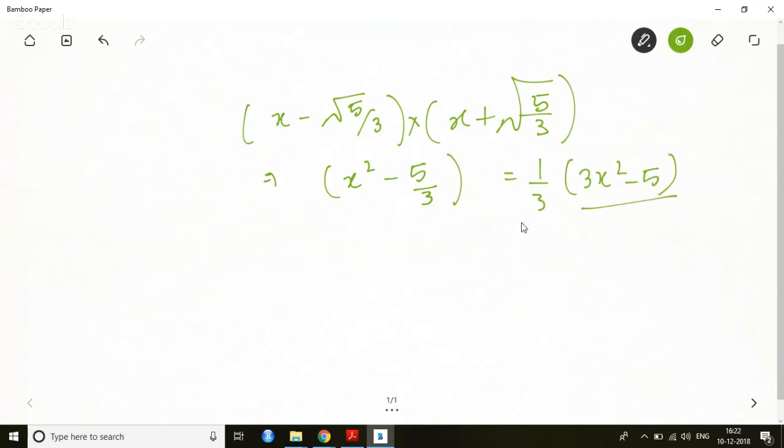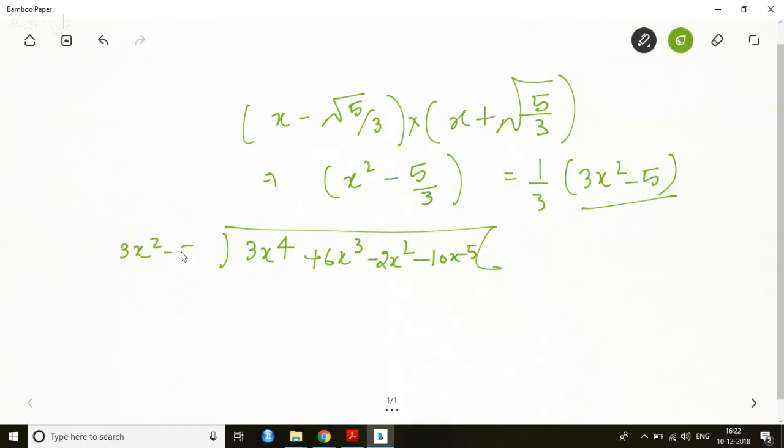It means that 3x square minus 5 is a factor of 3x to the power 4 plus 6x cube minus 2x square minus 10x minus 5. I will divide this by 3x square minus 5.